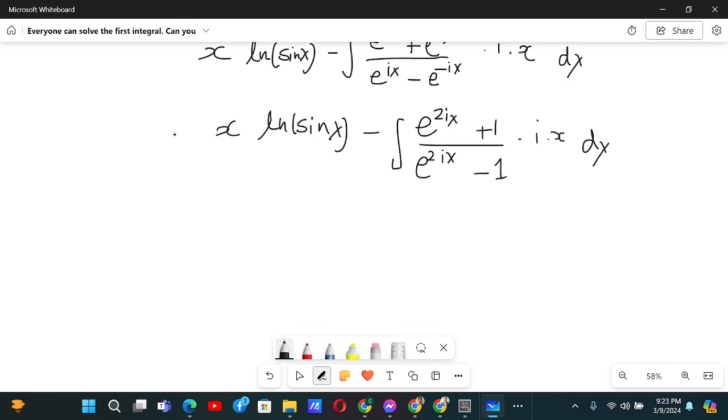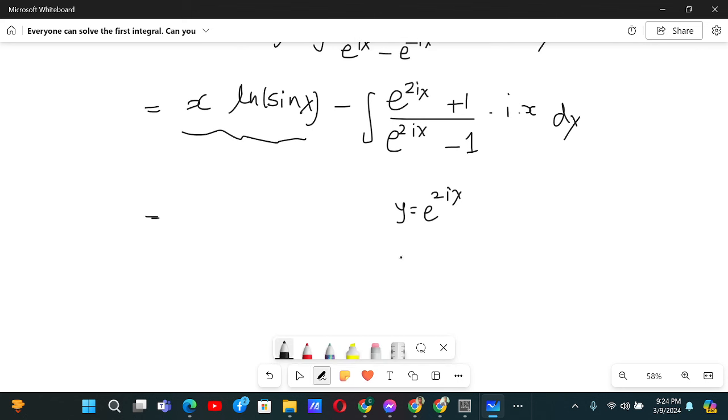After this step, what can we do? Okay, so let's try. This part is already done. Now for over there, let's try y equals e to the power 2ix. Let's try the substitution. If we make this substitution, we will have dy equals e to the power 2ix times 2i dx.